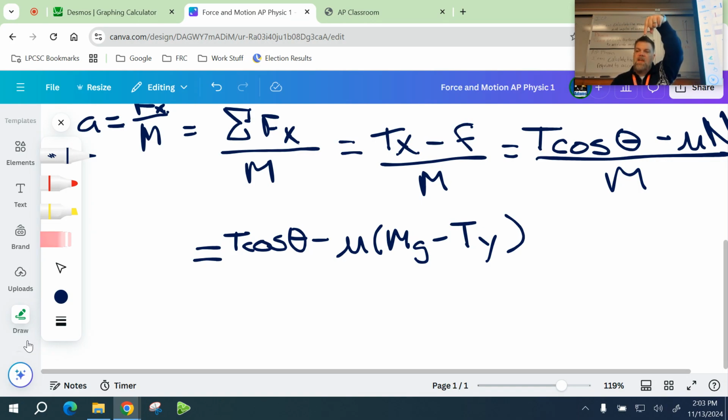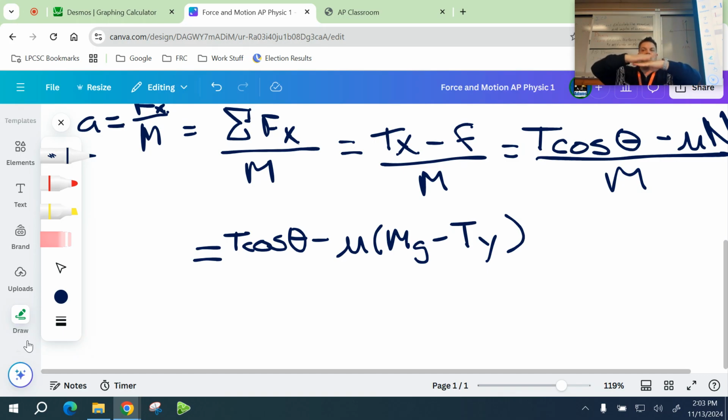Because mg, we say the normal force, but when you think about it, if we weren't pulling at an angle, the normal force would be equal to the weight but going up. But now, the magnitude of the normal force would go down. And so think about friction. The more force I have pushing down on an object, the more friction I'll have.